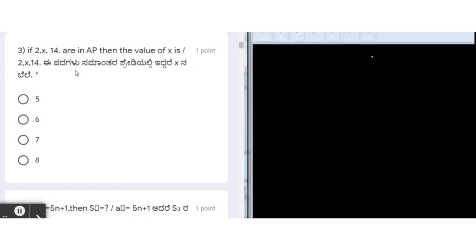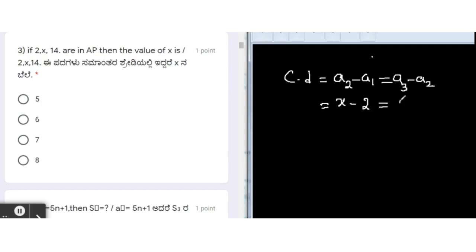Third question, if 2, x, 14 are in AP, then the value of x is? So we have to find the second term x, which is missing in this arithmetic progression. We know that the common difference is given by the formula a2 minus a1, which is also the same as a3 minus a2. So the common difference is the difference of any two consecutive terms. Here a2 in this arithmetic progression is x and a1 is 2, and a3 is 14.